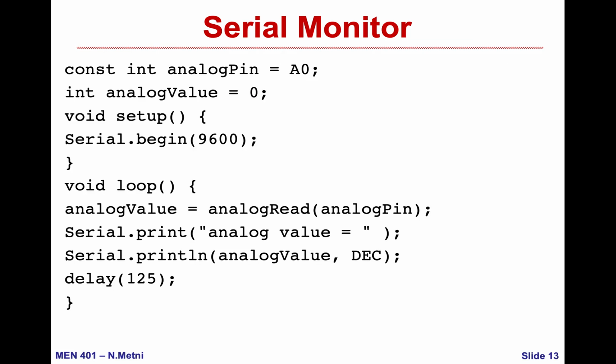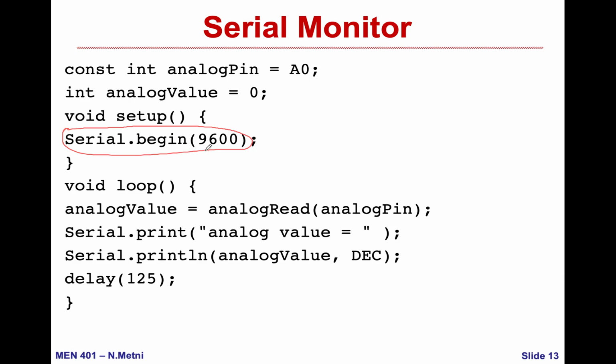This is an example. If I am connecting my sensor to my analog pin A0, in the void setup I will put Serial.begin(9600). What's this? Since the serial monitor is a serial connection with the Arduino, I need to specify the speed of the serial connection.